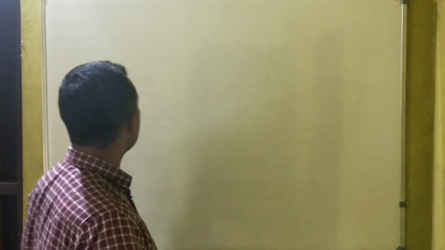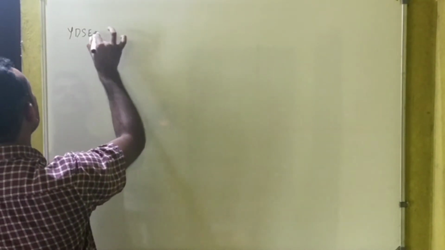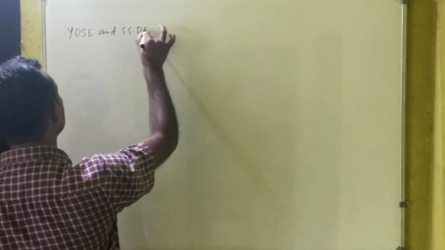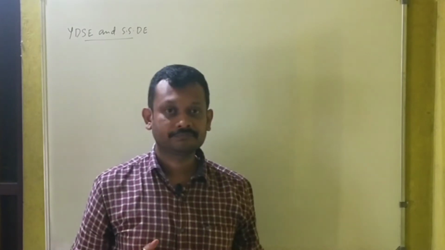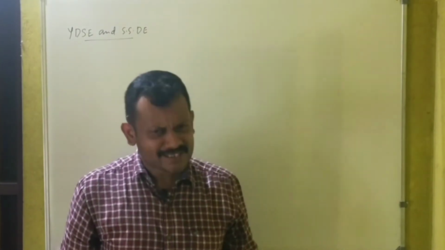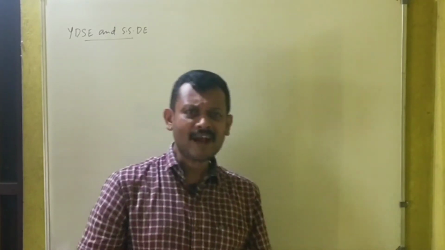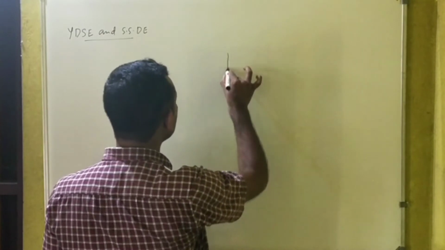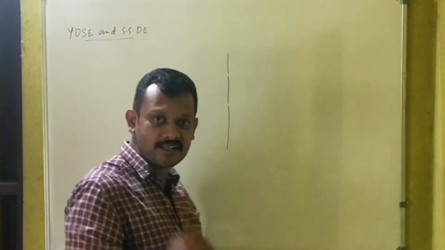Now we will discuss YDSE and SSD, the single slit diffraction experiment. YDSE means Young's double slit experiment. Actually, just now I concluded about the similarities and differences, but I just have a doubt. What do two slits mean? It is nothing but two single slits, right?